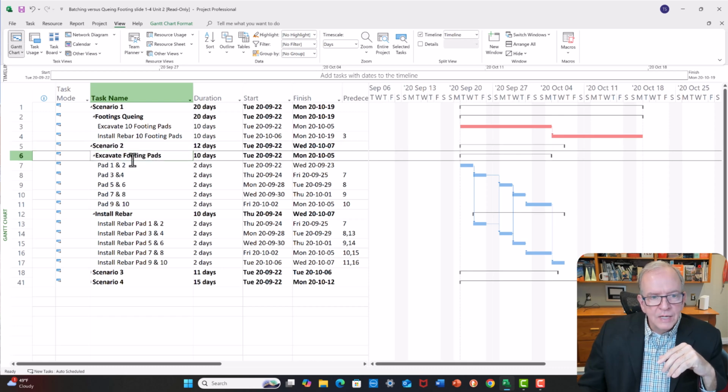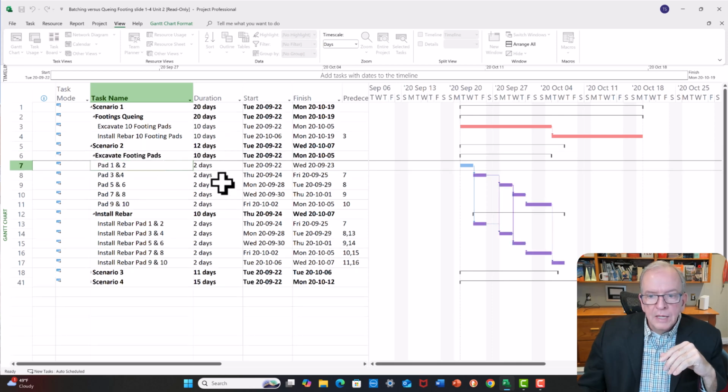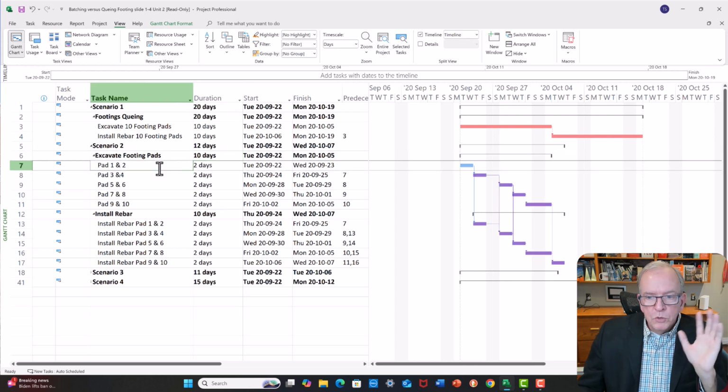So we see this here, that's showing as basically 10 working days up here. And then what we're doing is breaking it up into smaller batches, right? Smaller batch size. We're breaking it up into zones. And by breaking it up into zones, we're going to greatly shorten the overall time to complete.